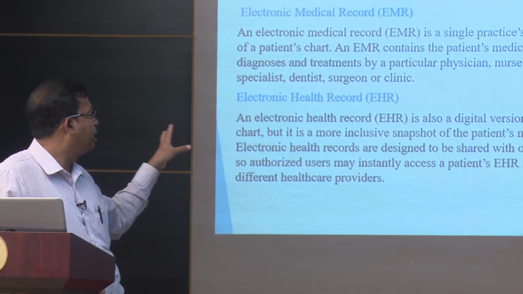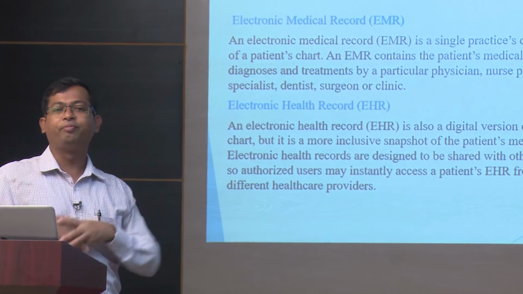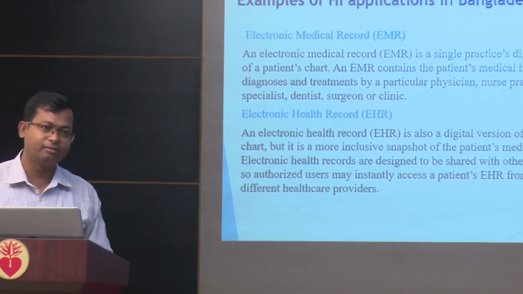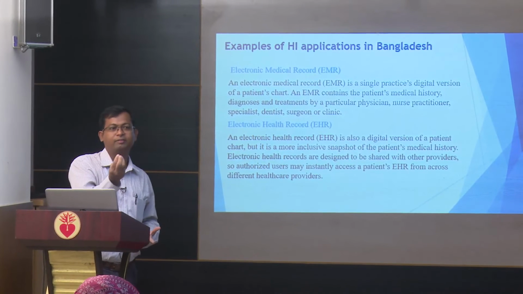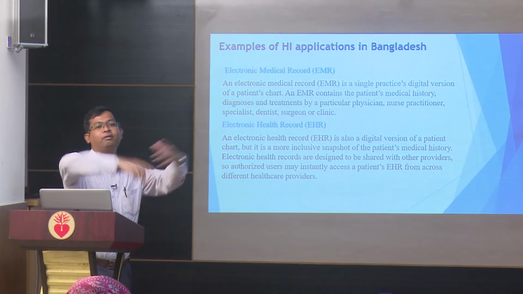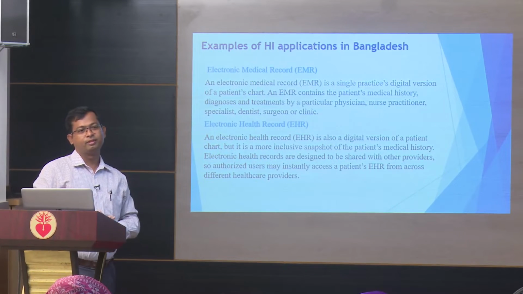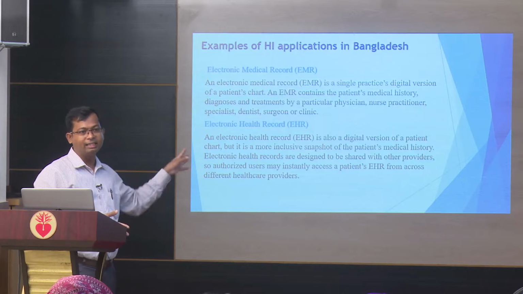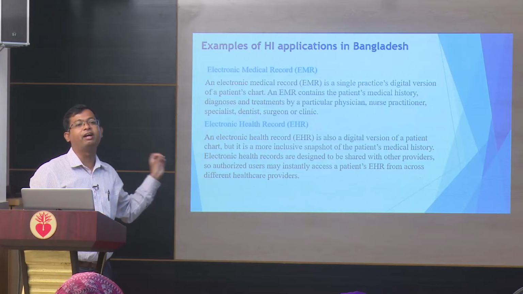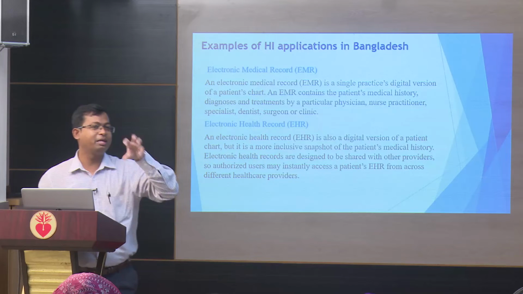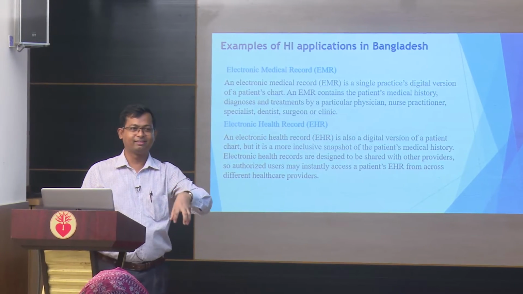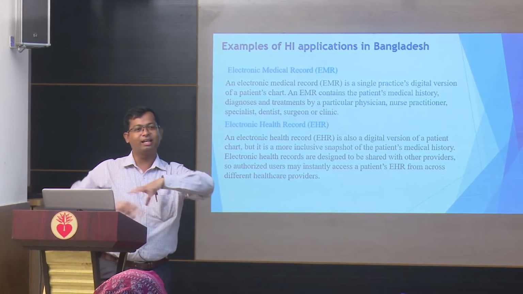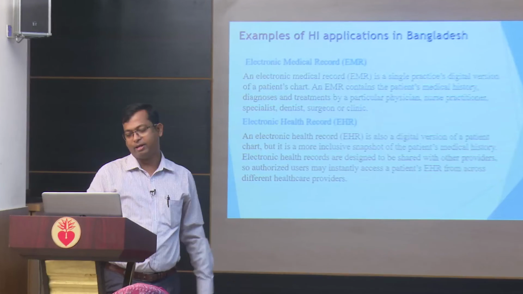The data is shared by many providers, many hospitals, many clinics. So you as an individual patient, your health record is available in different healthcare facilities, that is EHR, or you can say shared health. Whenever we talk about EMR, it means the data is in one place, and EHR means your data is available to other providers also. That is the main difference.